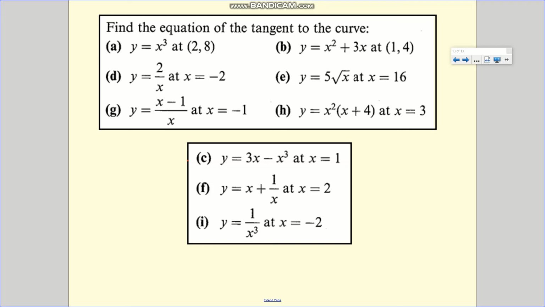We went through all the different types of indices that you could come up against, apart from the question in G, which is one where you'll have to separate this fraction into two separate fractions and then sort them out separately. So we've got x over x, which shouldn't be too difficult to sort out, and take away 1 over x, which will be something that you have to differentiate.